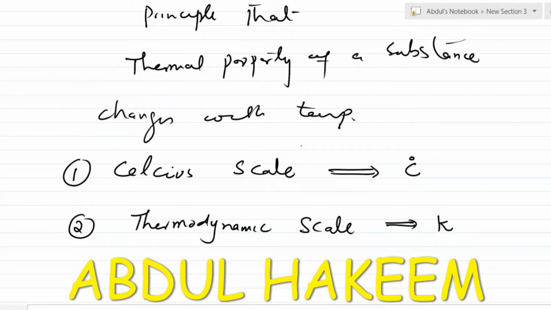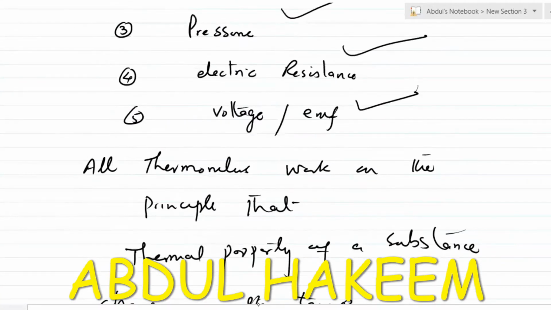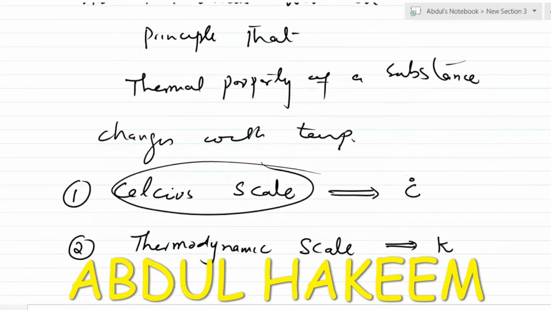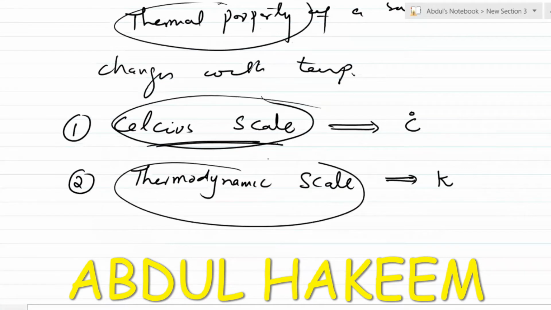The centigrade scale, the Celsius scale, it depends on thermal properties of the substance, length, volume, pressure, electric resistance, and the voltage. So the centigrade, means the Celsius scale, depends on the thermal property of the substance, but this thermodynamic scale does not depend on the thermal property.